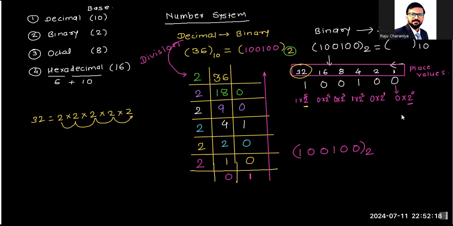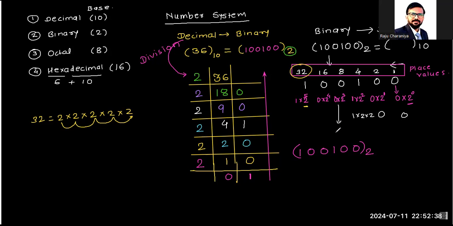Let's write here now the products of the given numbers. 0, because 0 multiplied by 2 is always 0. Here also we'll get 0. Here we'll get 1 times 2 times 2, right?